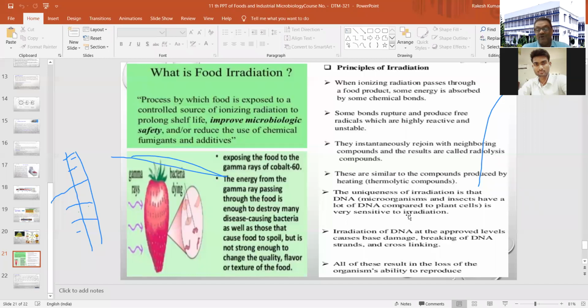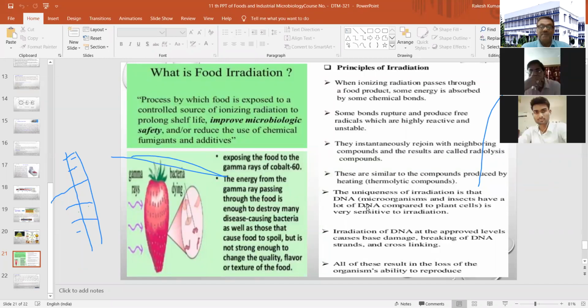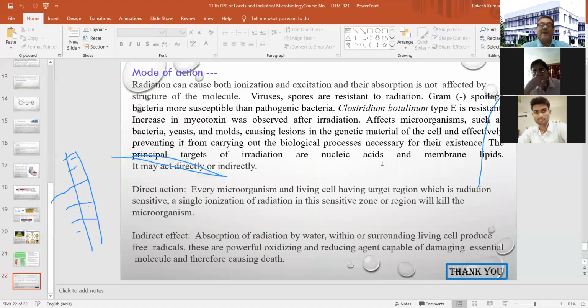So the whole system will be disturbed and it will inactivate the microorganisms present. All of this results in the loss of the organism's ability to reproduce. So just by applying this method, you can get a good preservation effect on your final product.